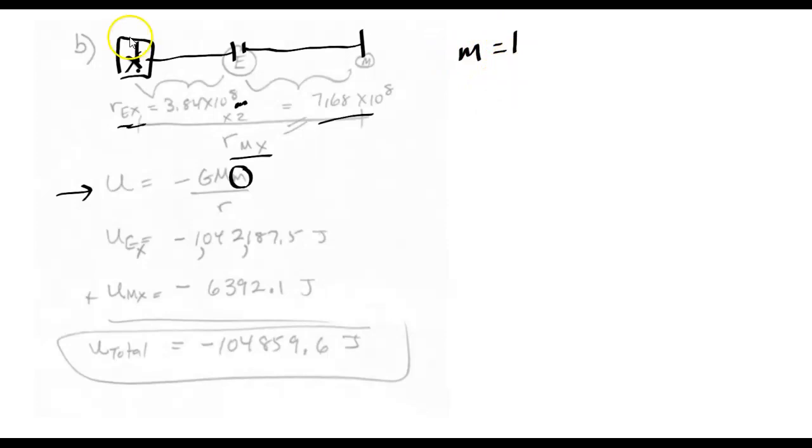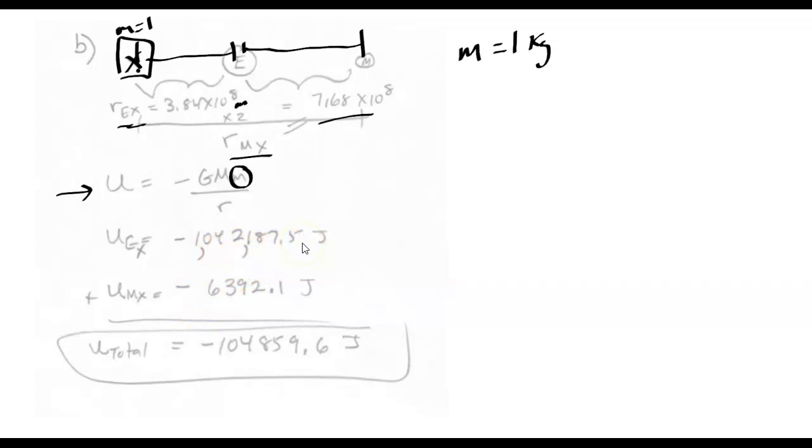So if the mass of this object is equal to 1, so this is a clarification on this problem, then if m is equal to 1 kilogram, it would just be negative G, the mass of the Earth or the mass of the Moon, times 1 divided by the distance or separation between those objects. So for the Earth at position X, it would be this value, negative 1,042,187.5.